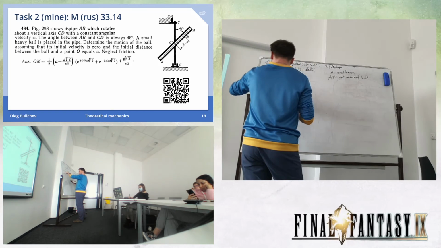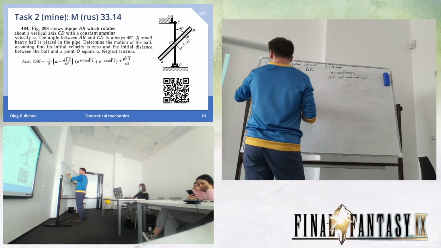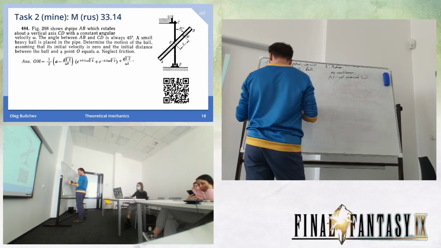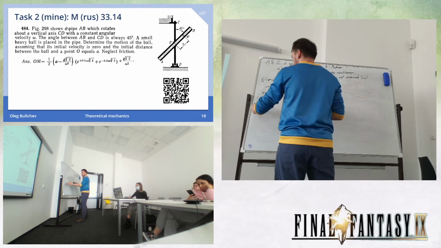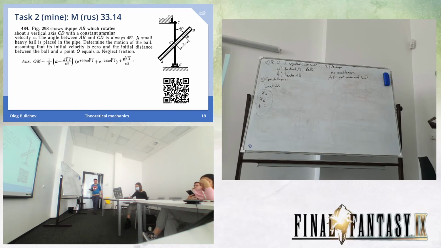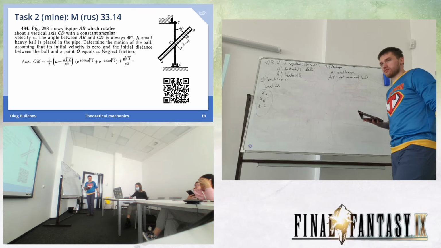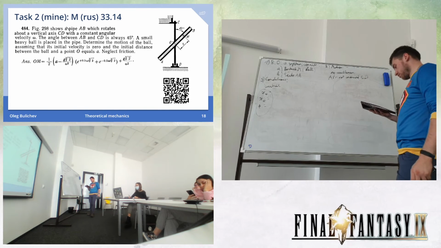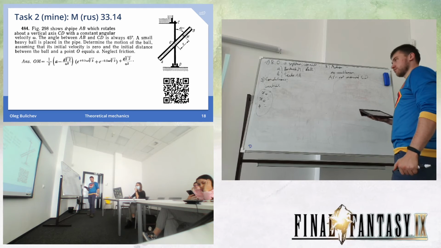Initial conditions: X, X dot, T. What is it? For X0, so we're assuming the whole system?